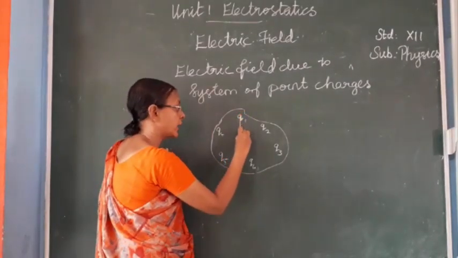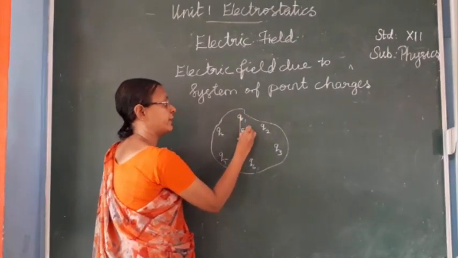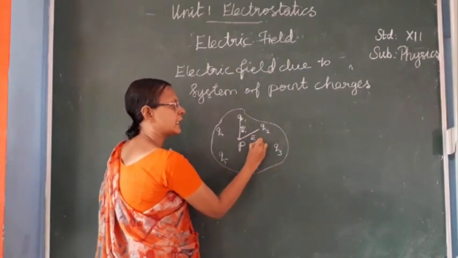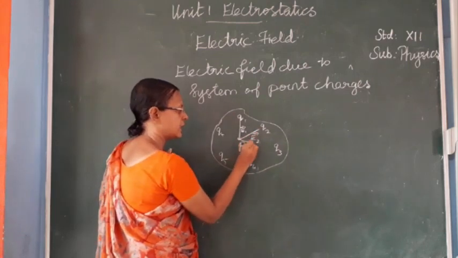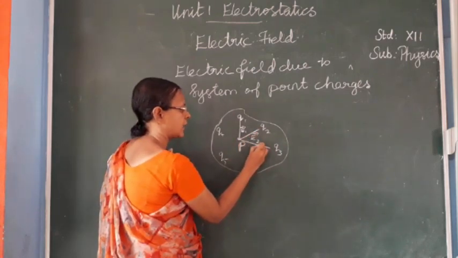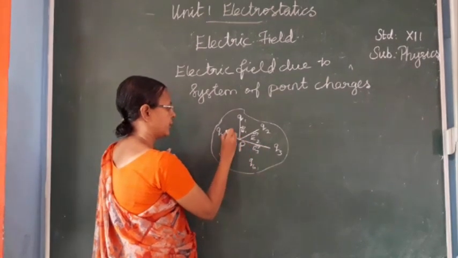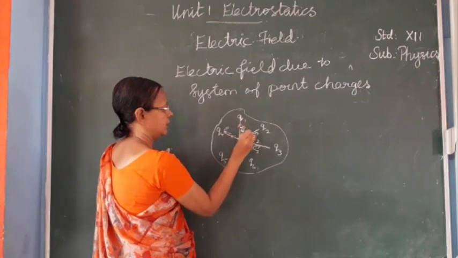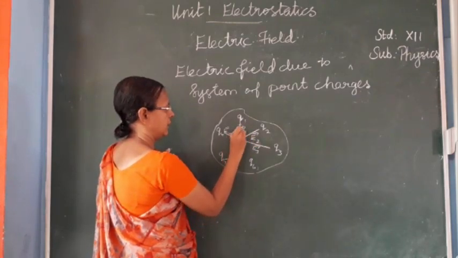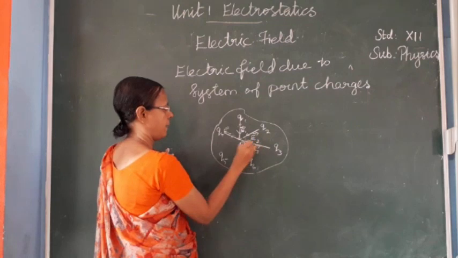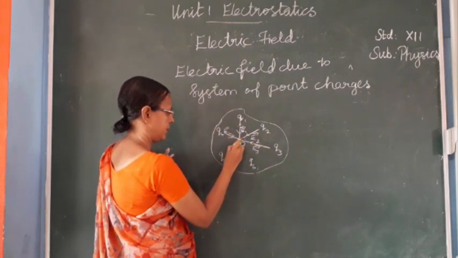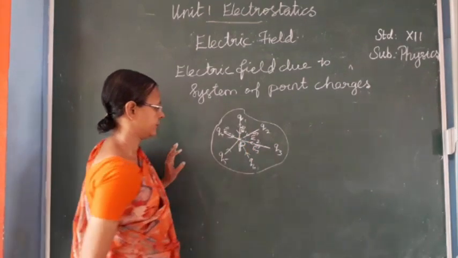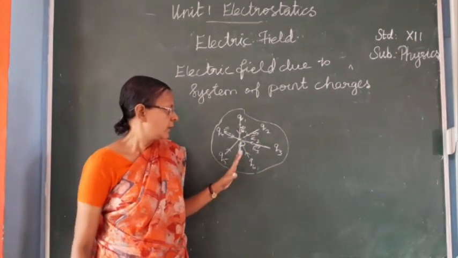Okay, so this Q1 exerts electric field E1 vector, this Q2 exerts E2 vector, next Q3 exerts E3 vector, next Q4 exerts E4 vector, towards this point. Okay, like this.